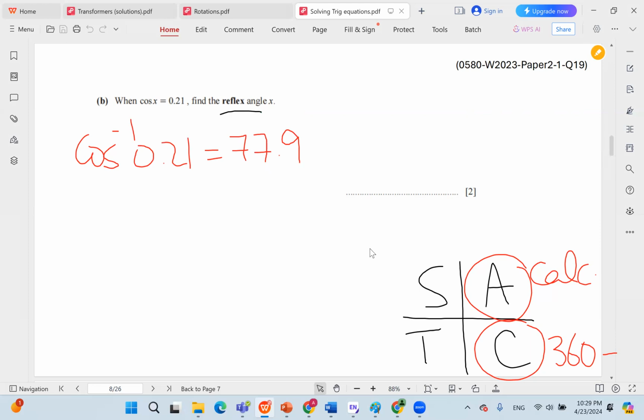They don't want all the possibilities. If they wanted all the solutions, we would write this angle and the C quadrant angle as well, so 360 minus 77.9. However, because here they just want the reflex, our final answer is only going to be this answer: 360 minus 77.9.